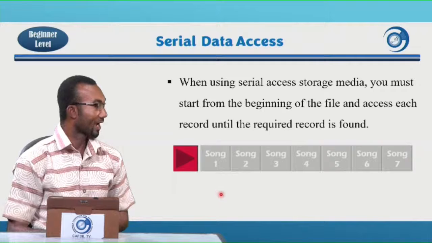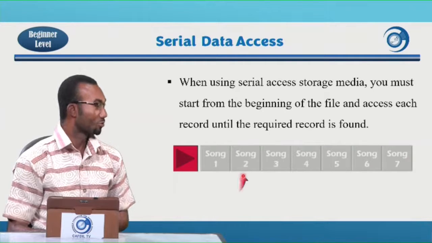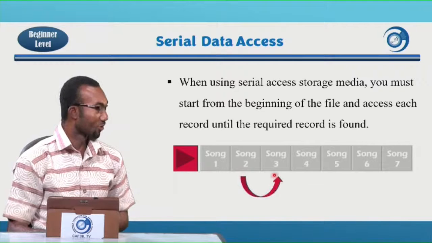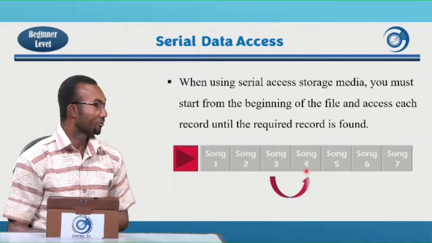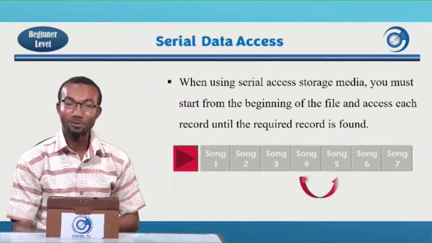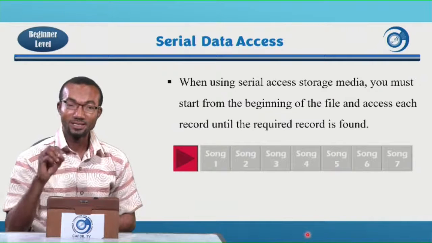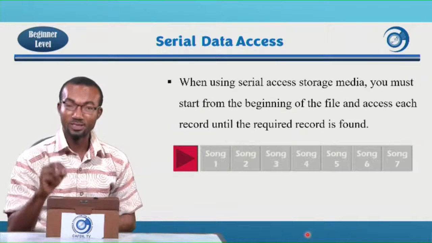It means that I have to go through song 1, song 2, song 3, song 4 before I can get to song 5. I cannot jump straight to song 5.